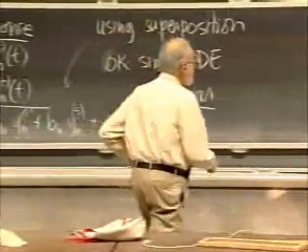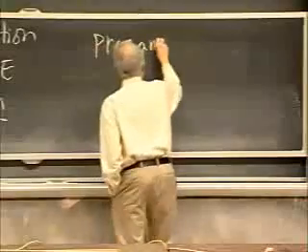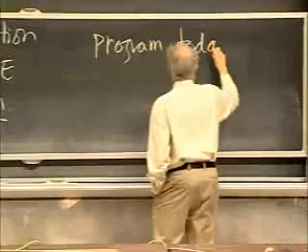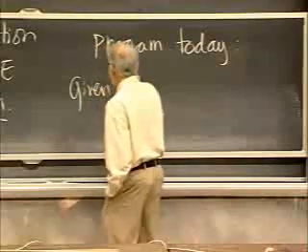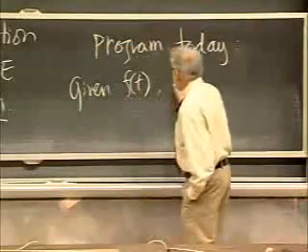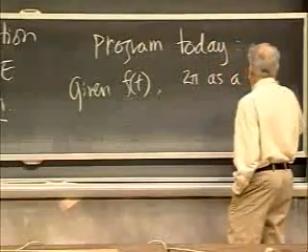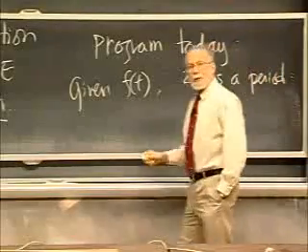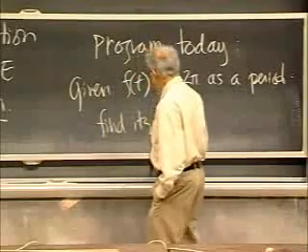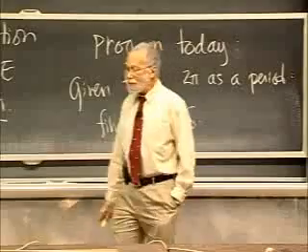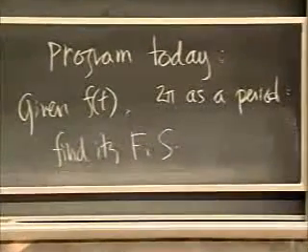So the program today is to calculate the Fourier series. Given f of t, periodic, having 2 pi as a period, find its Fourier series. How, in other words, do I calculate those coefficients an and bn?